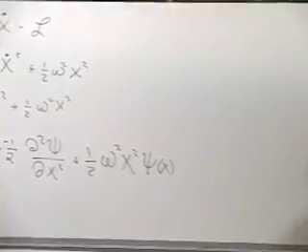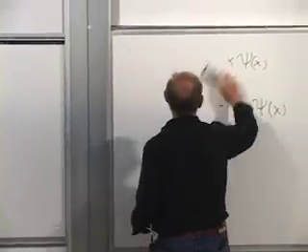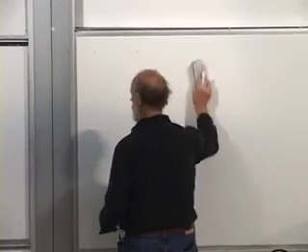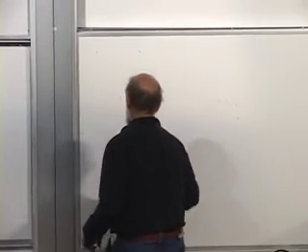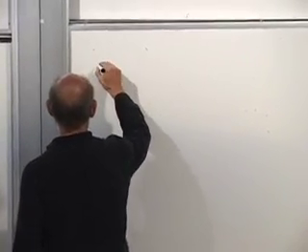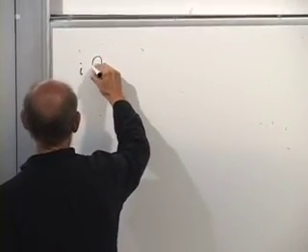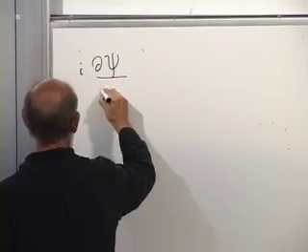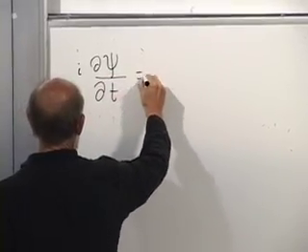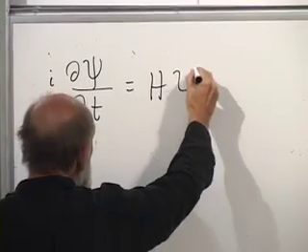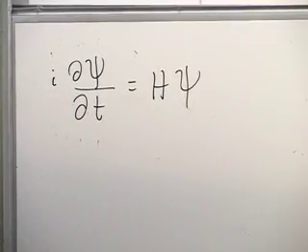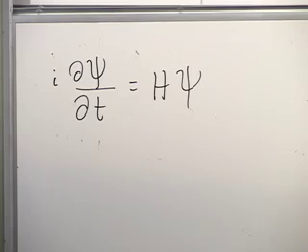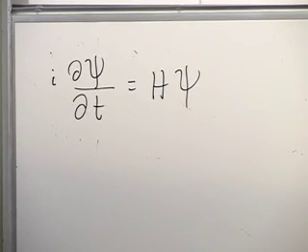The Schrodinger equation is i d psi by dt is equal to h psi. That's essentially the definition of the Hamiltonian. Do I have the sign right? I always forget. Minus i d by dx is momentum, so plus i d by dt.